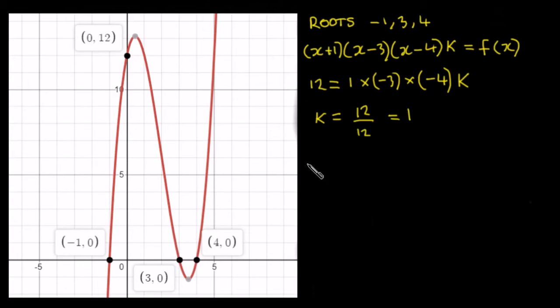So that means that our polynomial function f of x is simply going to be x plus 1, x minus 3, x minus 4. What we want to do is multiply this out, and then draw this function in the graphical calculator and see whether we actually create this function or not. This will be our test to see if we've got this right.